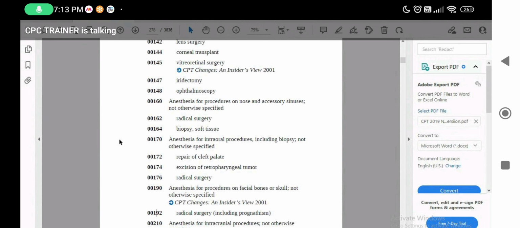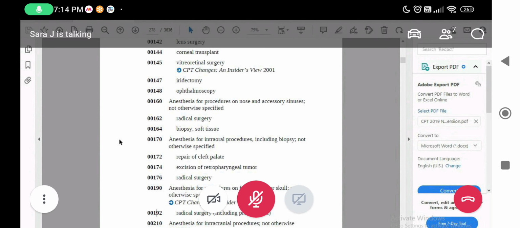Okay. So can you please read 00176? Radical surgery. Okay, so this one also radical. Next one, how to read 00192?